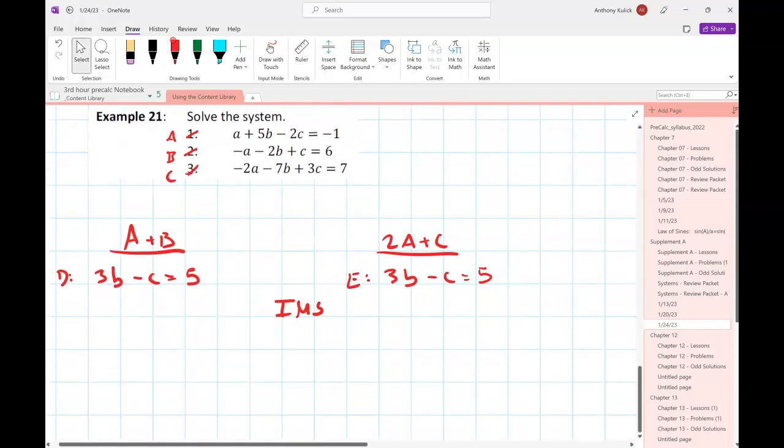So what I'm going to do now is isolate either the B or the C from one of these two equations. It doesn't matter which one I do. I would isolate the C because I don't have to muck around with any fractions.